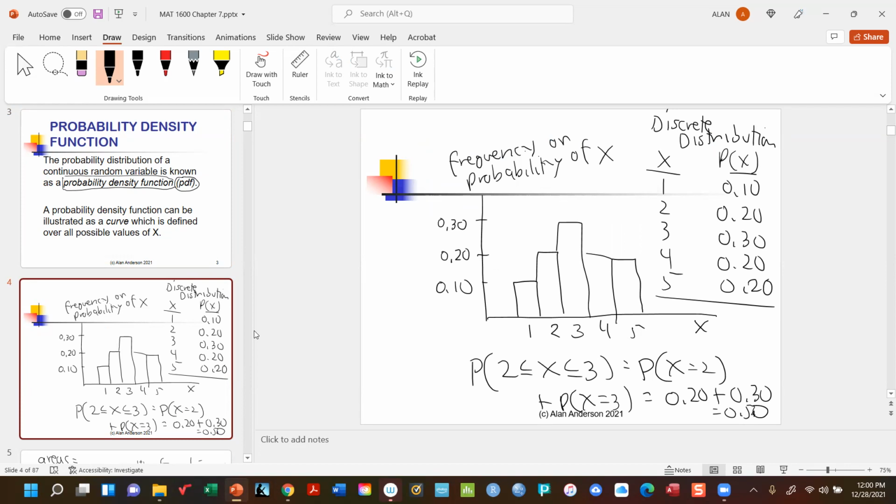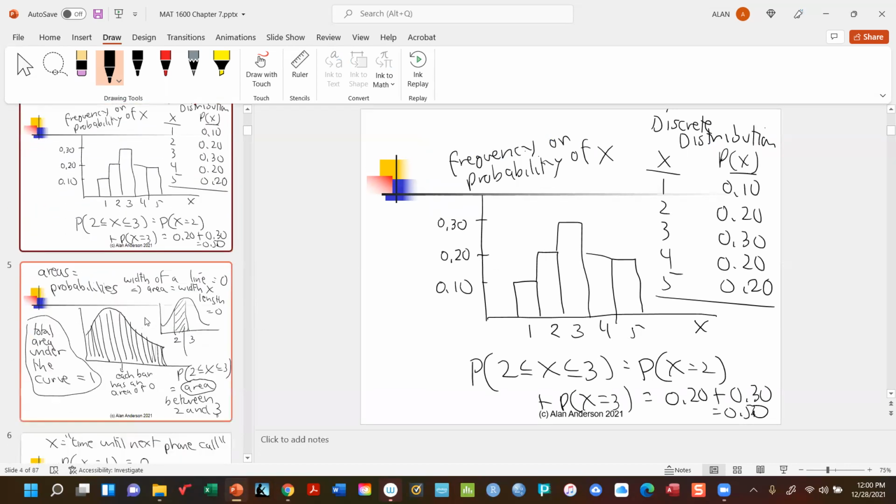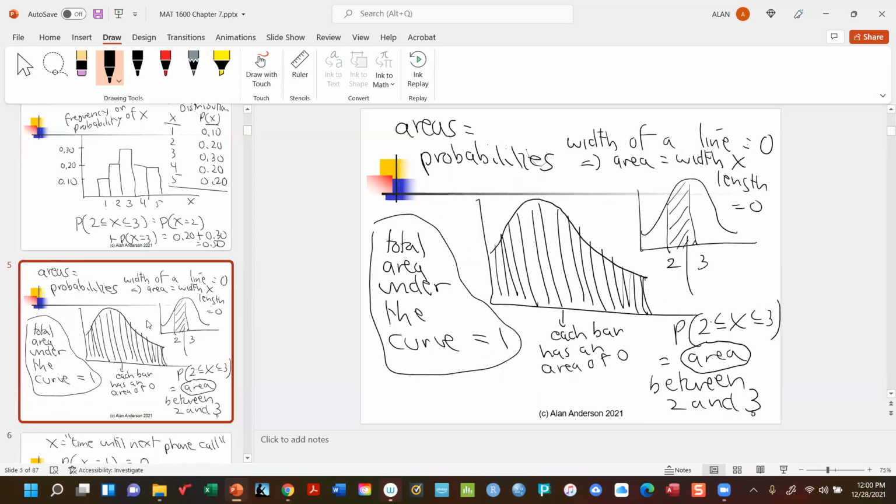If we were to try to draw this graph for a continuous distribution, we would have an infinite number of bars. And so in order to avoid dealing with an infinite number of bars, we're going to think in terms of not the actual heights of the bars, but the area of the bars. In other words, we're going to connect all these bars with a curve. And then the areas between different points will be used to calculate probabilities.